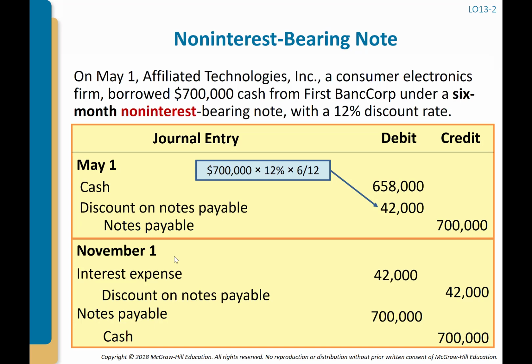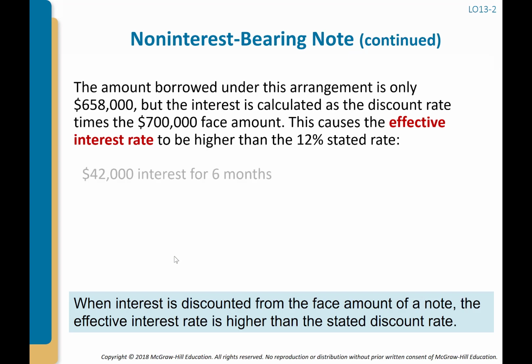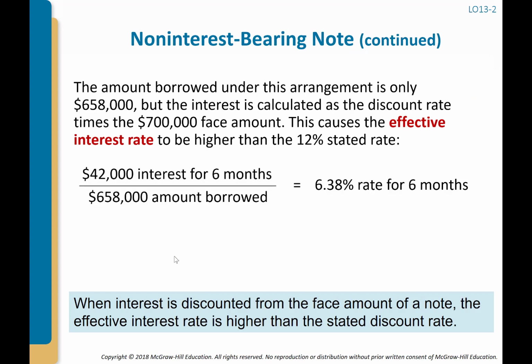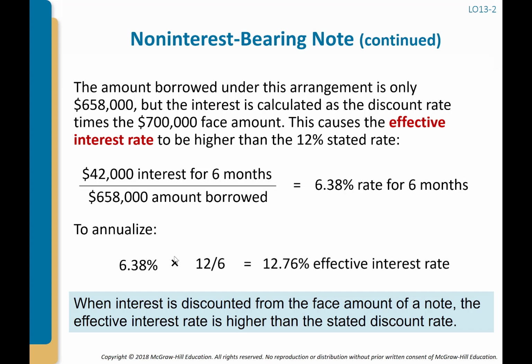Okay? Okay, good. Now you come over, and they start to show us how to calculate the effective interest on this. Now notice they tell us that if you borrow $42,000 for 6 months, that comes out to an interest rate of 6.38. So what do they do?